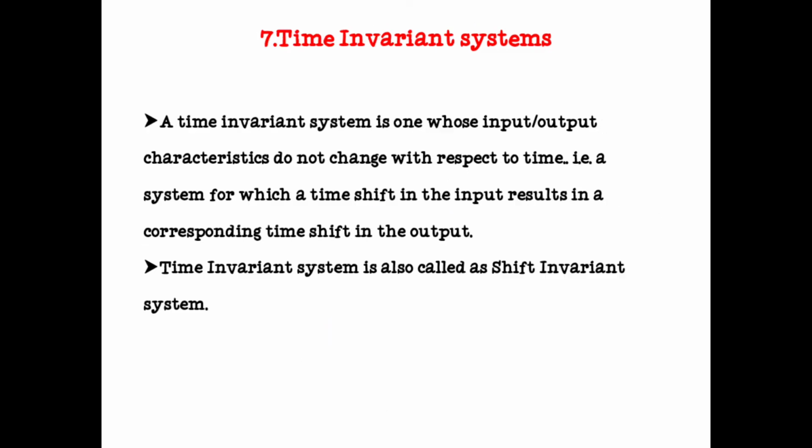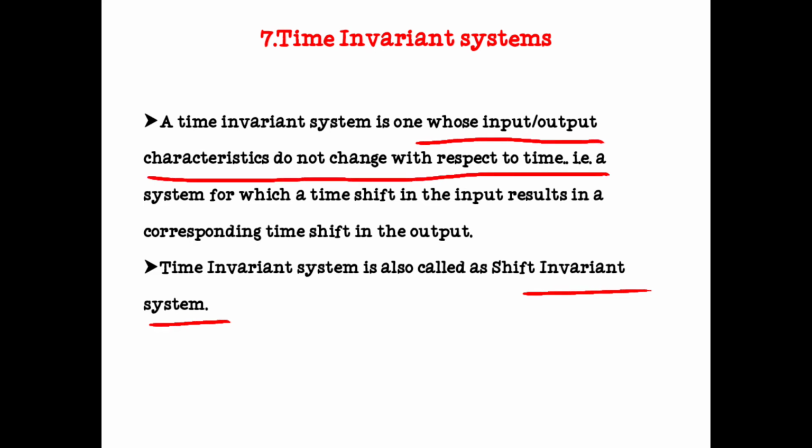Okay, next, time invariant system. What do you mean by time invariant system? It is otherwise called a shift invariant system. A time invariant system is one whose input output characteristics do not change with respect to time.